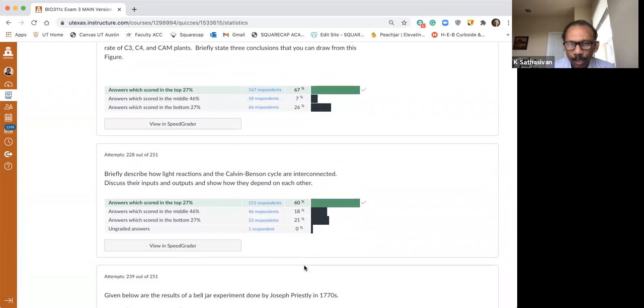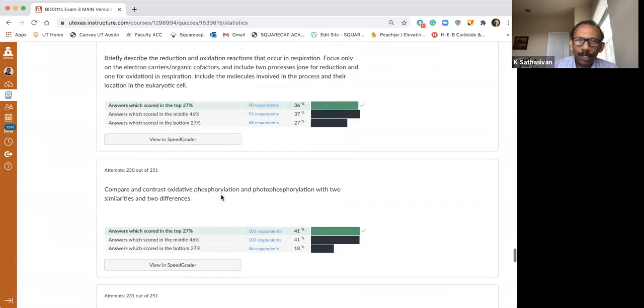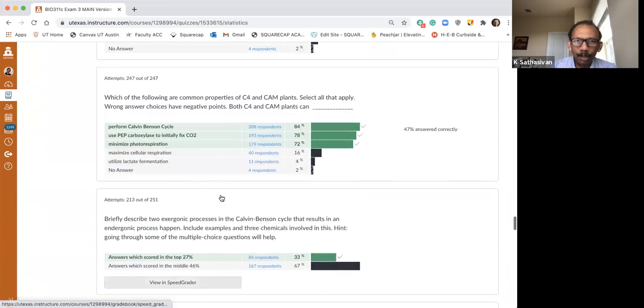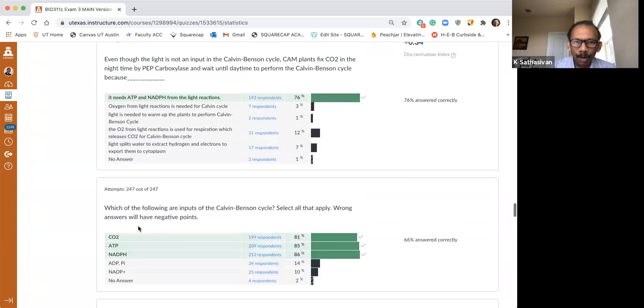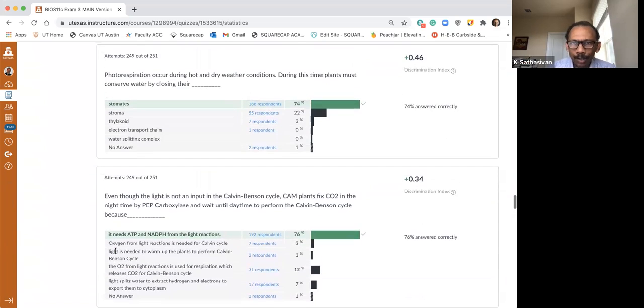Then we're almost getting to the end. Briefly describe how light reactions and Calvin cycle are interconnected. And this is also, if you go back to the multiple choice question, you have the answers. We just looked at that, right? So the inputs of the Calvin cycle are the outputs of the light reactions.